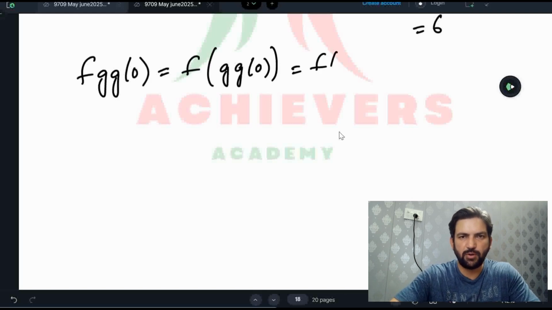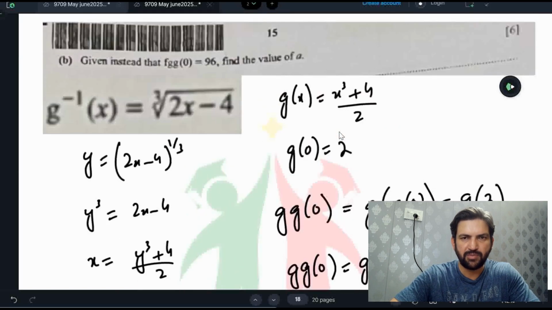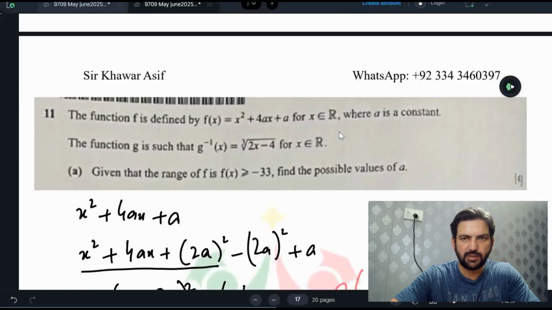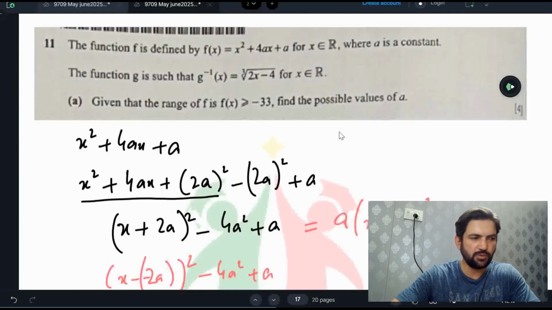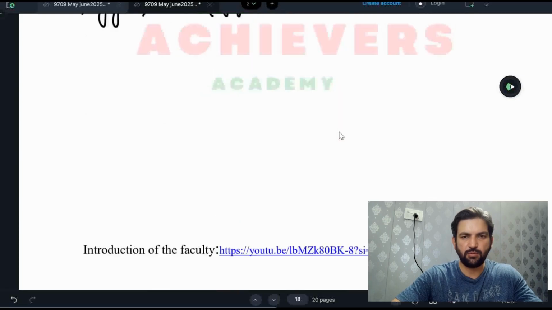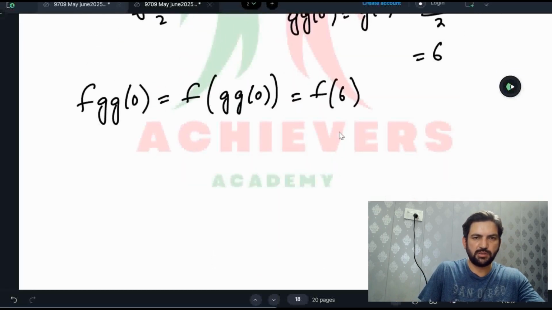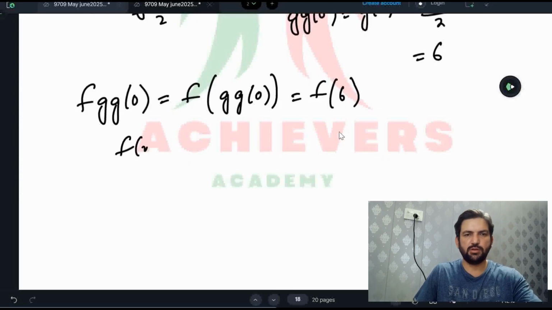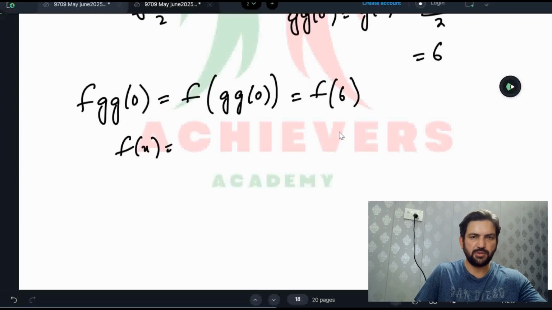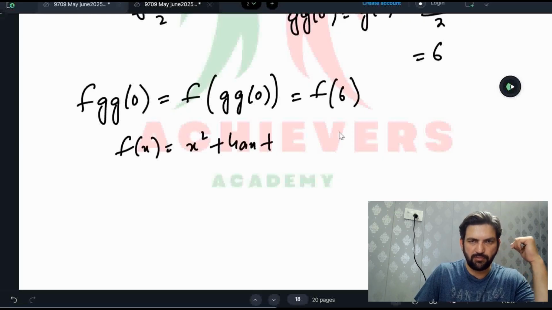So what about f of x? x square plus 4x plus 4. Okay, let me check this one: x square plus 4x plus a.